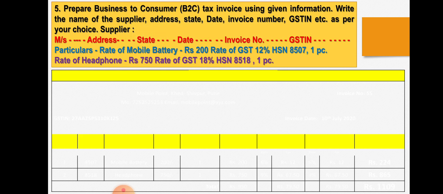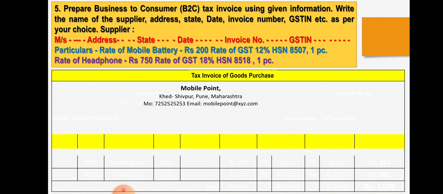We have made the horizontal bill, tax invoice of goods purchase. First we are going to write the name, Mobile Point, anything we can write. Then we will write the address, Khed, Shivpur, Pune, Maharashtra. We have mentioned mobile number and email address as it is mentioned on the bill every time.